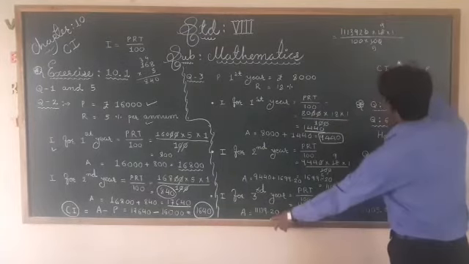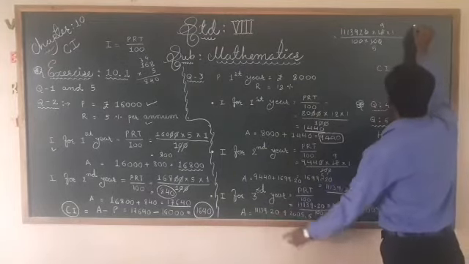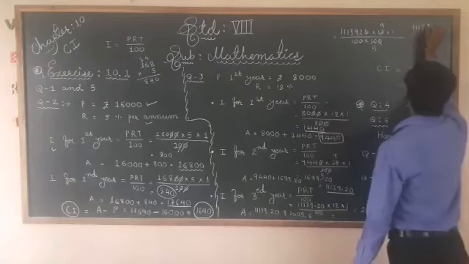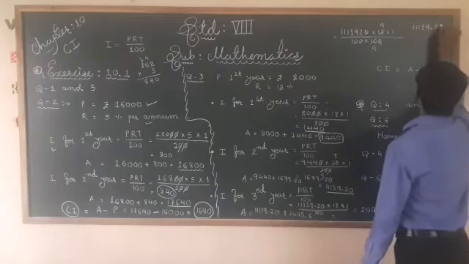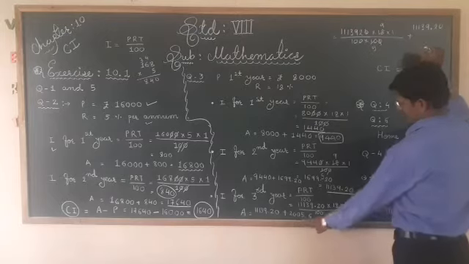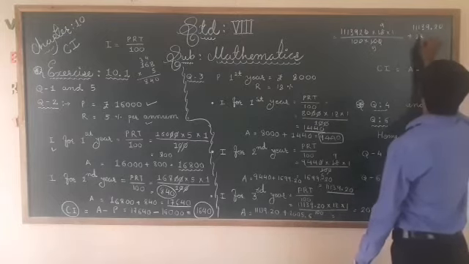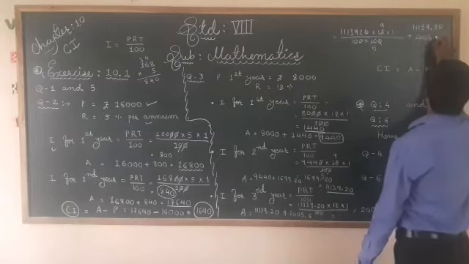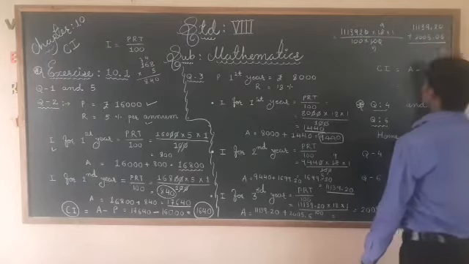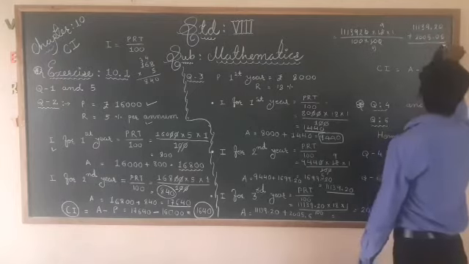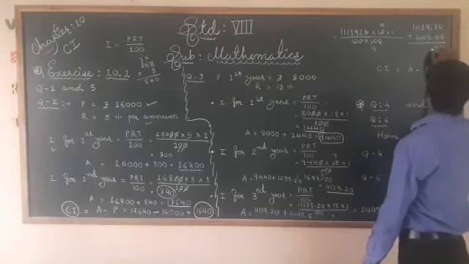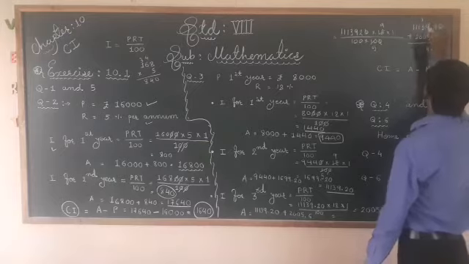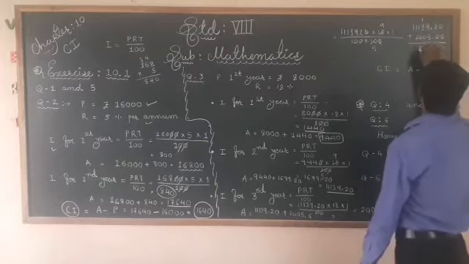So here we will try to add this: 11,139.20 plus 2005.06. Okay. So here 6, 2, 9 plus 5, 14, 1 carry, 4, then 131.